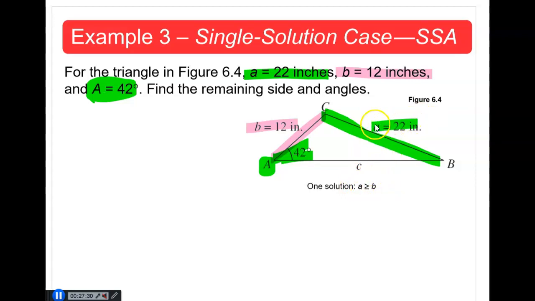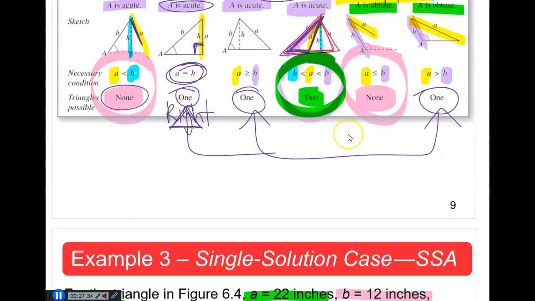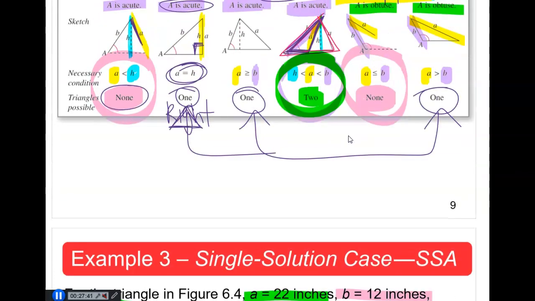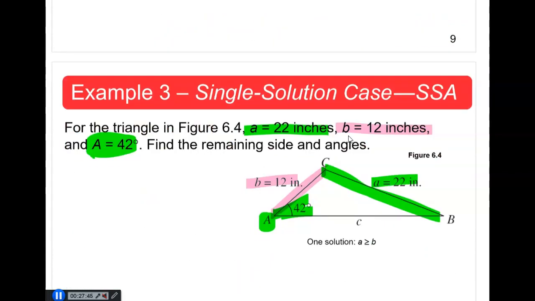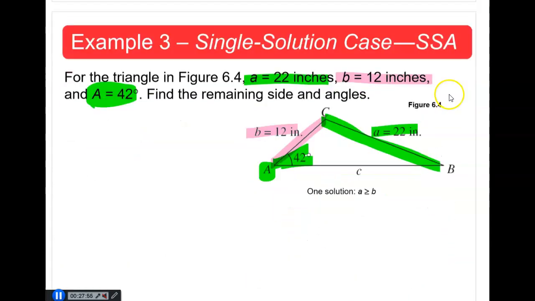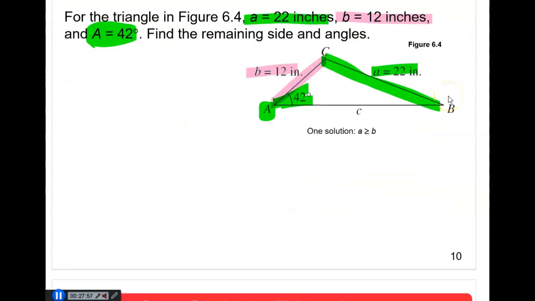We could see that clearly. A is greater than B. And if we go back to this table, A is greater than B, we're going to have this case. A is greater than B. Okay.